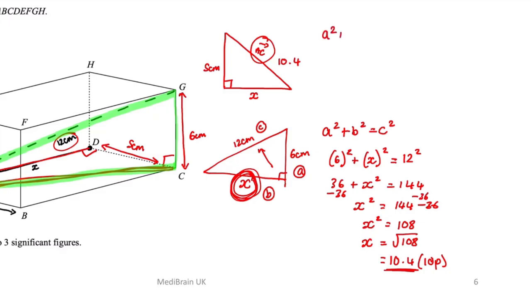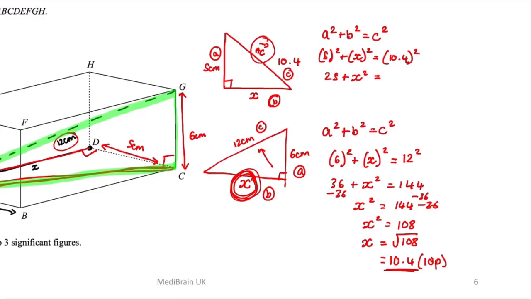So again, Pythagoras, a squared plus b squared equals c squared. a is going to be 5, b is going to be x, and c is going to be 10.4. So it's going to be 5 squared plus x squared equals 10.4 squared. 25 plus x squared equals 10.4 squared, which is 108.